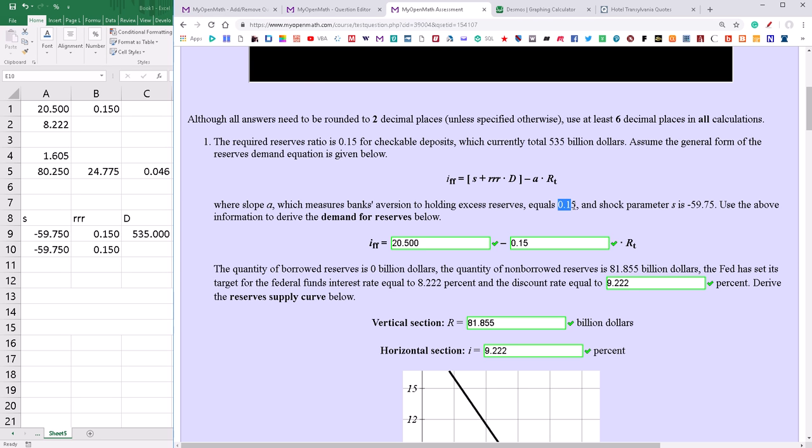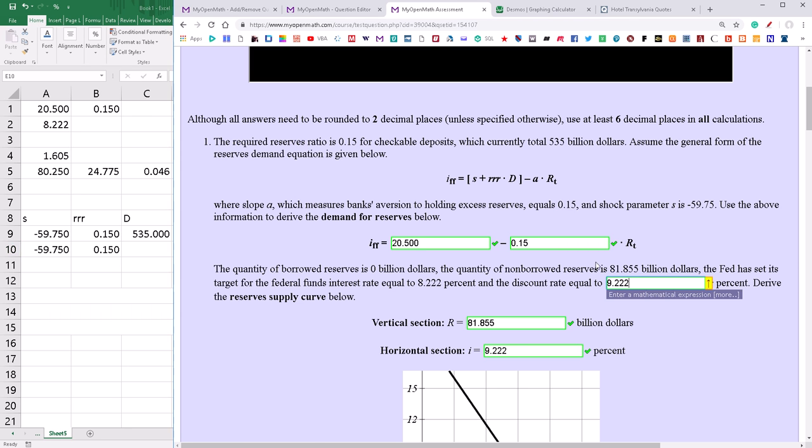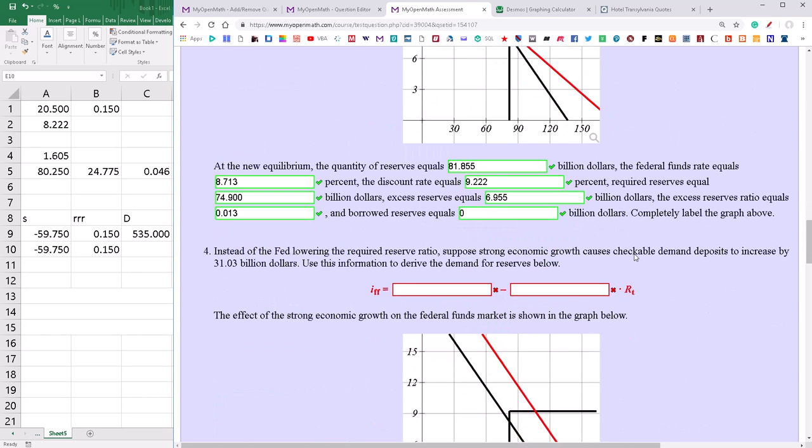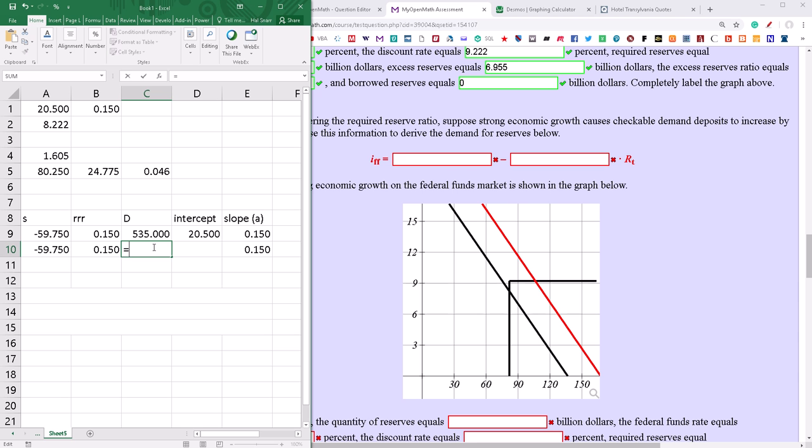And the slope of the equation is 0.15. So that's the initial condition, right? So down here in scenario 4, all we're saying is, suppose checkable demand deposits increase by $31.03 billion. So we're going to take this value and add it to the original value of demand deposits. And we get a new value.